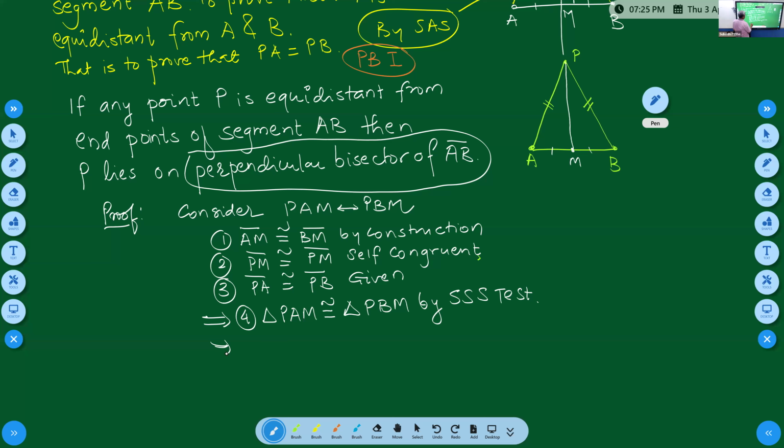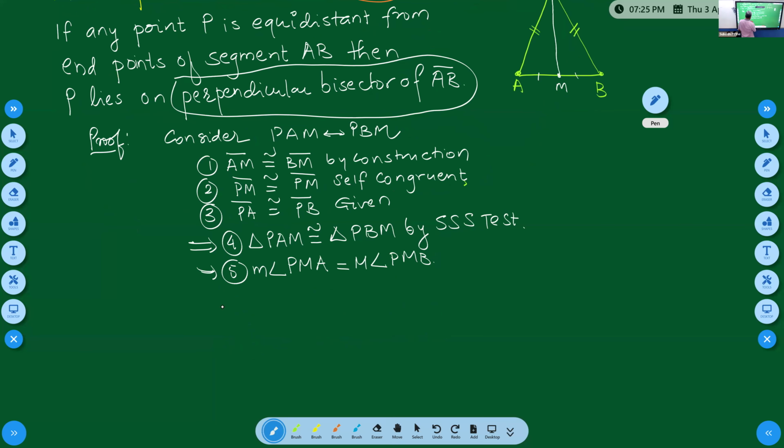This implies the measure of angle PMA equals the measure of angle PMB. Note the measure of angle PMA plus the measure of angle PMB is equal to 180, angles forming a linear pair.